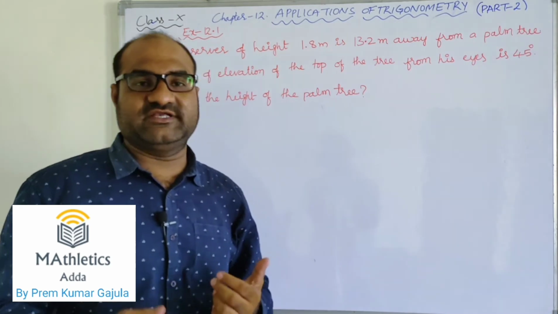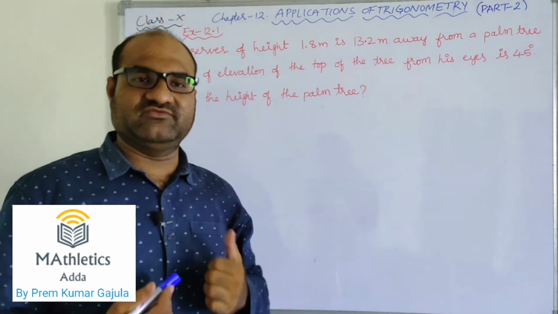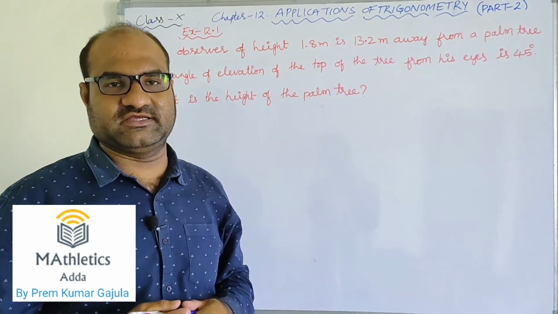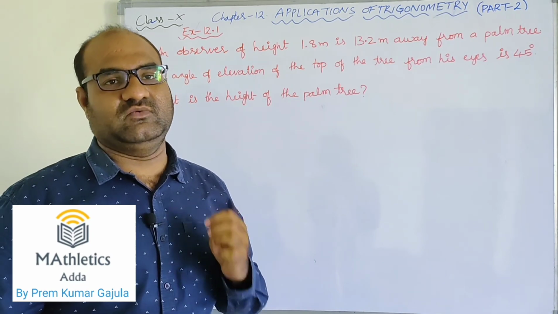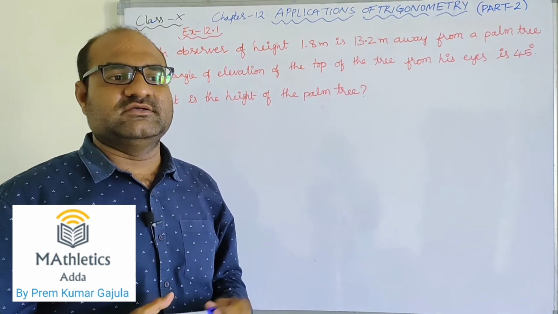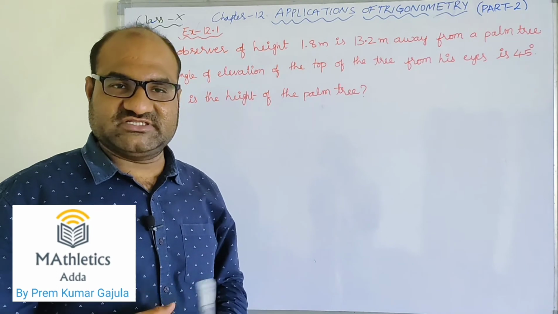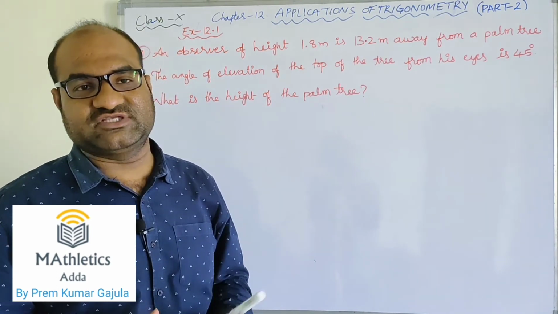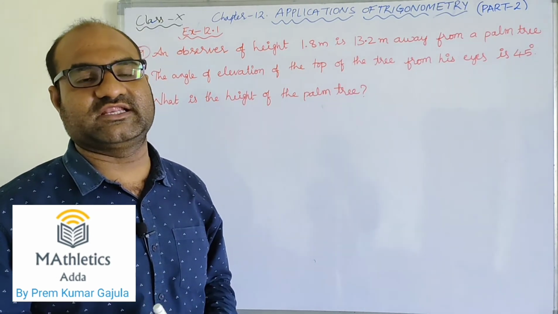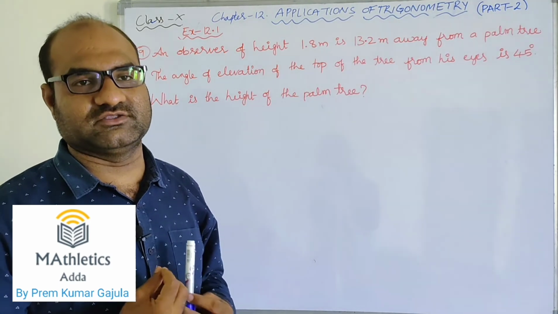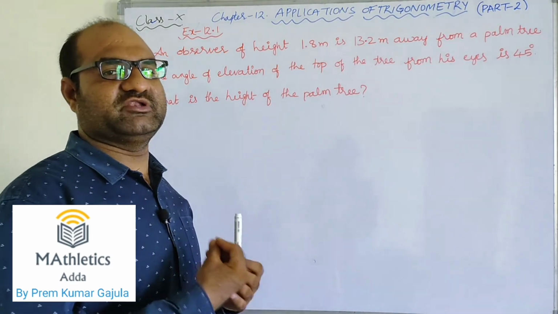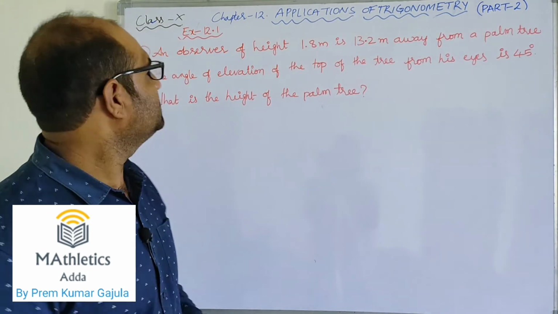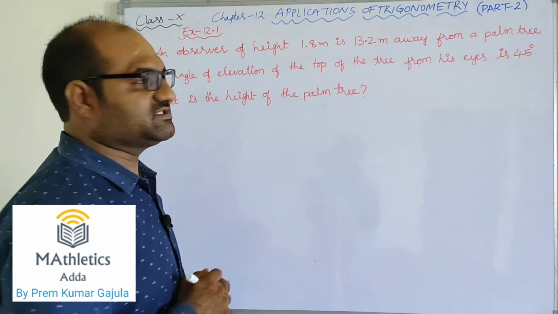We already studied in the part 1 video of applications of trigonometry that if the observer's height is not mentioned, then we can neglect it. But if the observer's height is given, then we should not neglect it. We should consider the height of the observer also. That means we should take the 1.8 in our diagram also. So keep that point important in your mind.